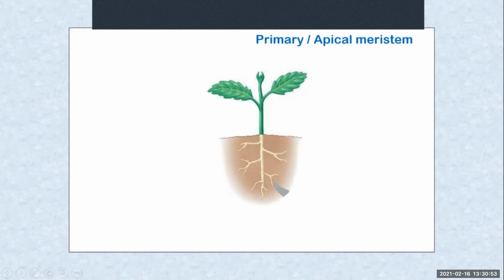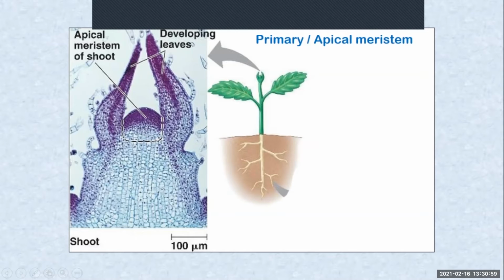So here's a little picture here of a shoot, and you've got a primary or apical meristem in the bud at the very tip. So here is a magnified view of a bud, and this tip is where all these cells are actively dividing, and they are producing more cells that eventually differentiate and become other kinds of tissues within the stem.